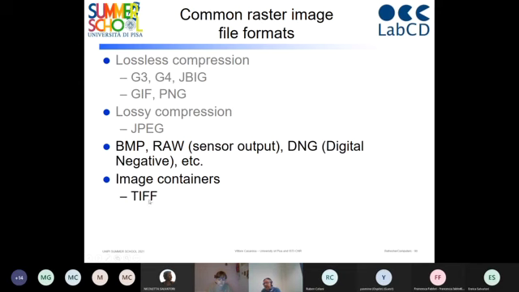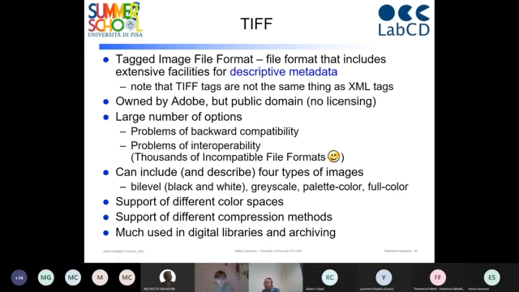And the last thing that may be interesting to know is TIFF, which is not a format of an image, but an image container, which is basically the possibility of having in the same file an image, which can be black and white, grayscale, full color. Palette color is the GIF, full color is the JPEG.